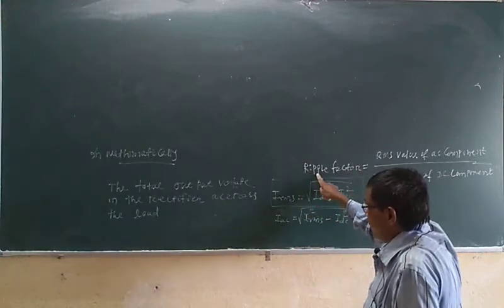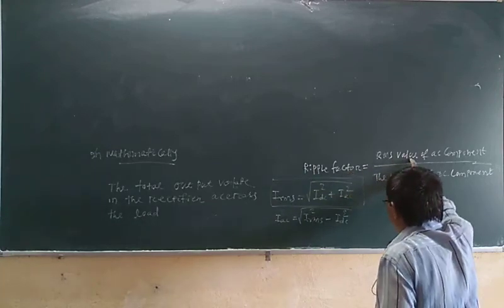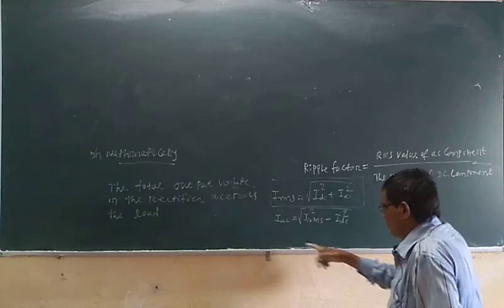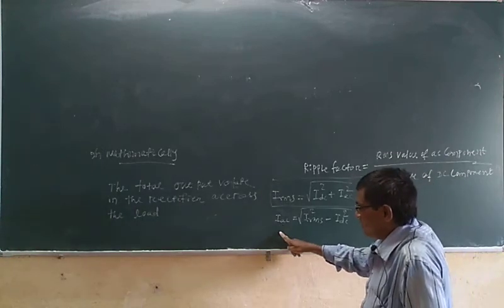Again, the ripple factor is the RMS AC value to the DC value, IAC divided by IDC.